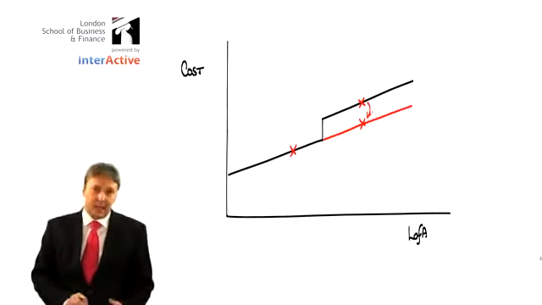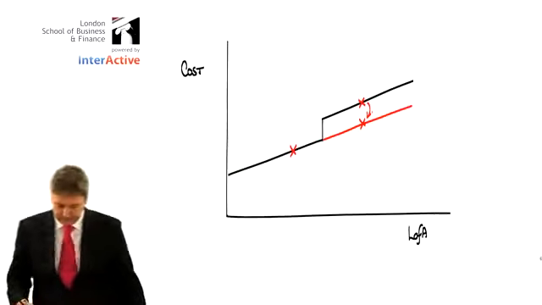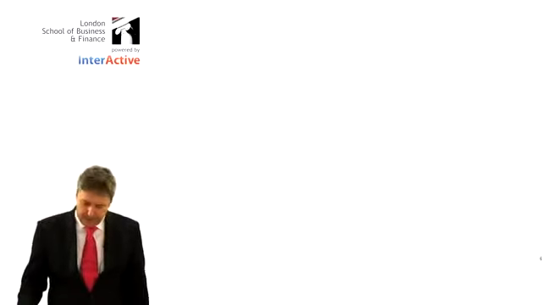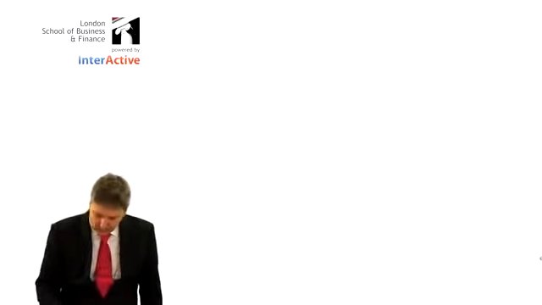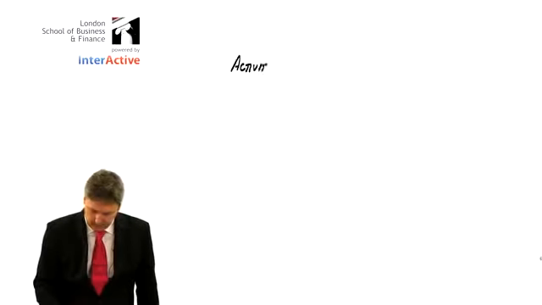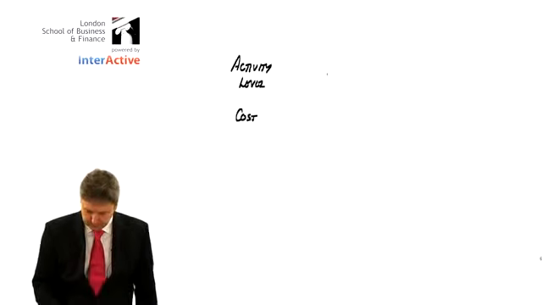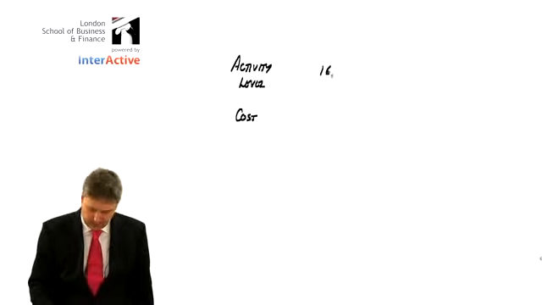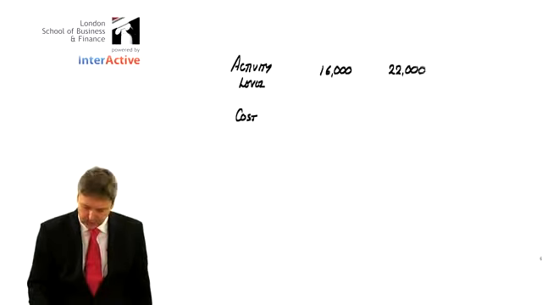Now, if that's the case, how is this going to work? Well, okay, very easily here. Let's just write it up again, although I'm sure you wouldn't have to write this out yourself in the exam. You've got your activity levels and you've got your cost. And we said that the activity levels were 16,000 and 22,000.